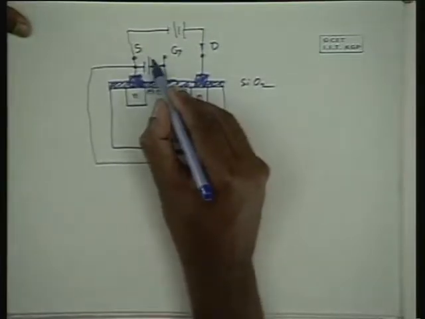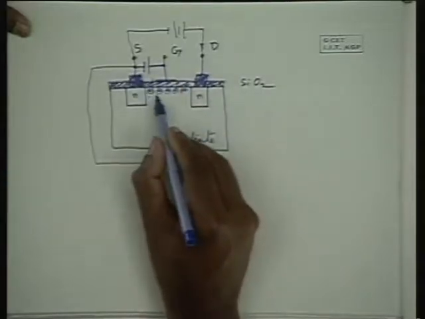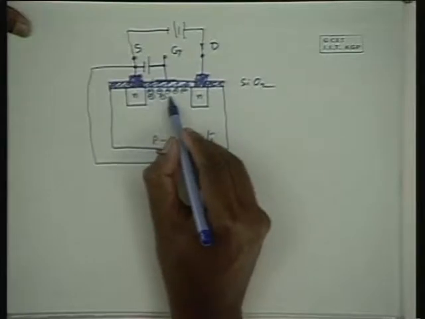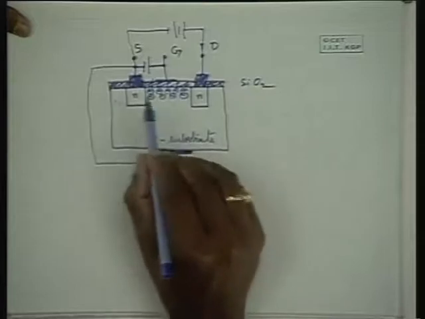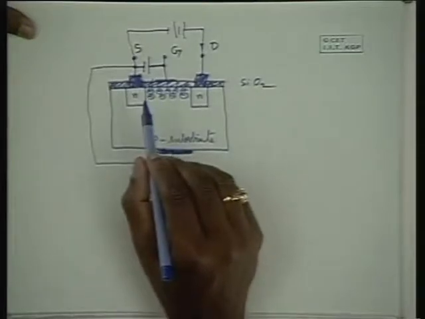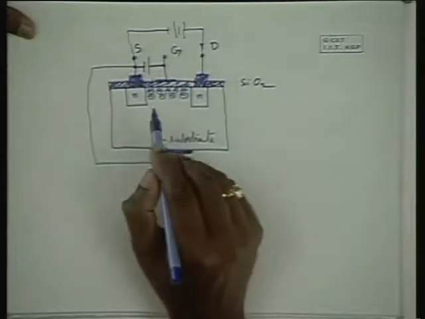Now if this positive potential is further increased, you expect the concentration of electrons over here to increase, and the resistivity of the channel goes down, and then more current flows for the same voltage here.